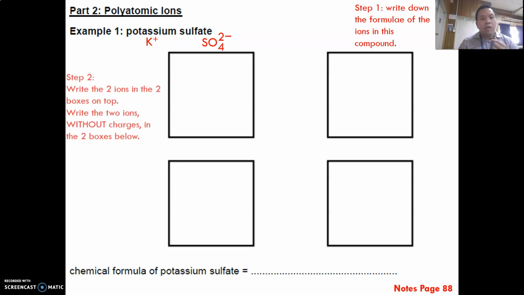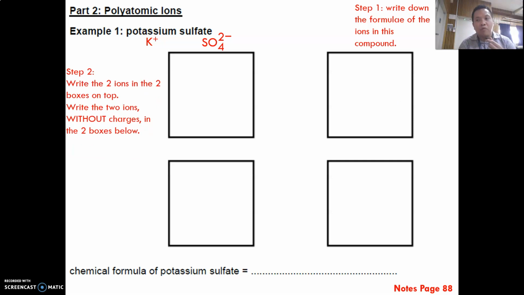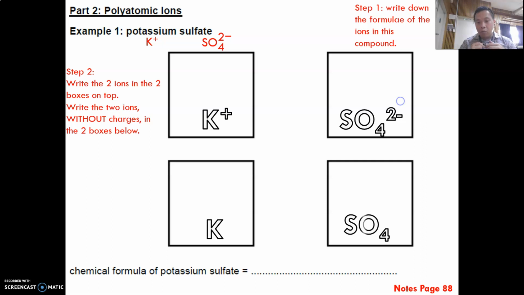In the 2 boxes on top, we write the 2 ions, K+ and SO4 2-, and in the 2 boxes below, we write the ions without the charges. So top left K+, top right SO4 2-, bottom left just K, bottom right SO4.